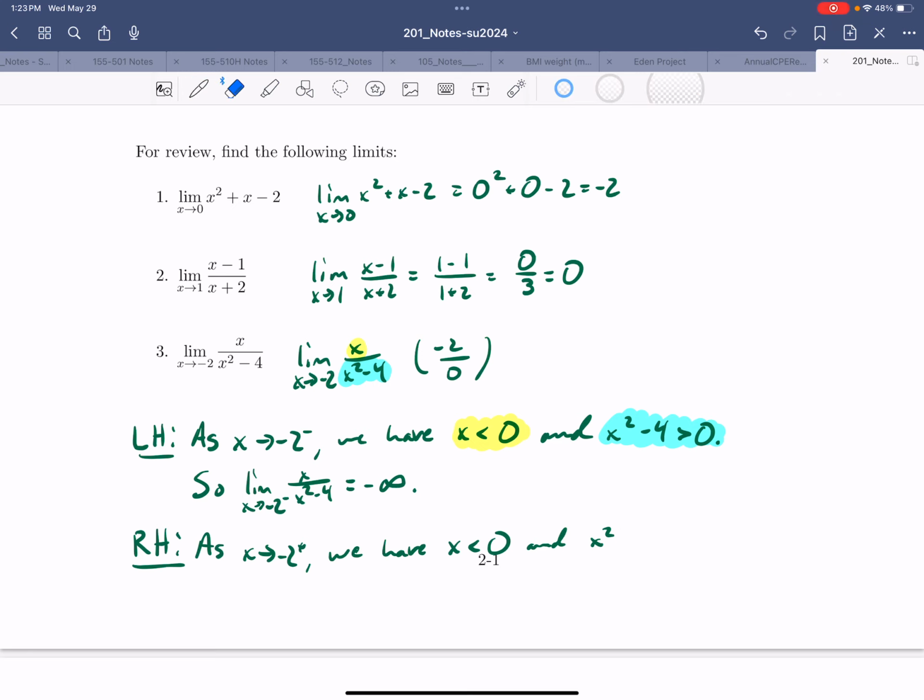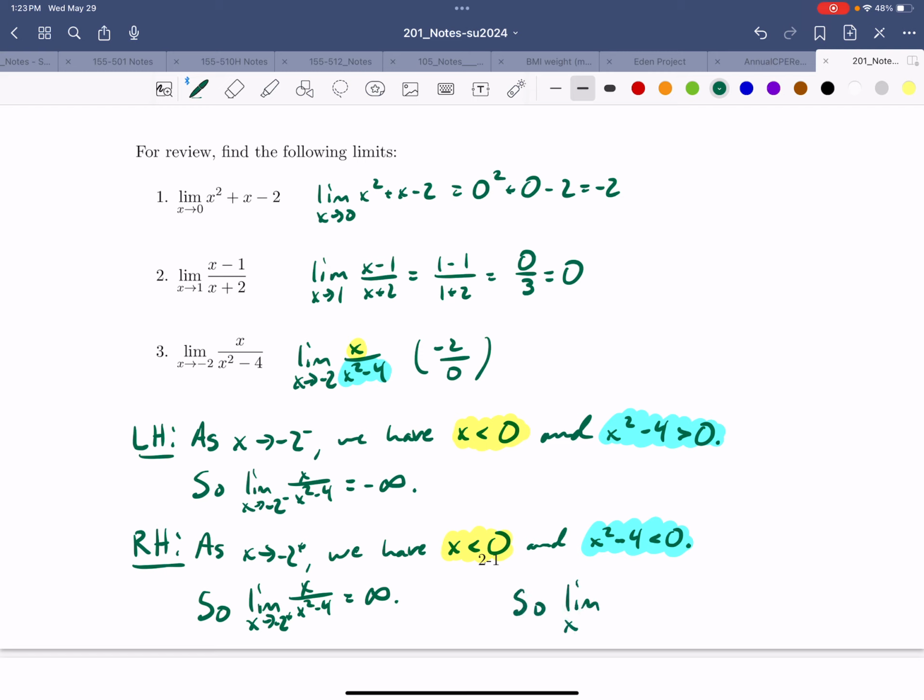Whatever it is, x squared minus 4 is always less than 0, right? So note that the sign switched. That's a minus, not a times, right? Okay. So what that means is that the limit as x approaches negative 2 from the right of x over x squared minus 4 equals a negative over a negative, so it's positive infinity.